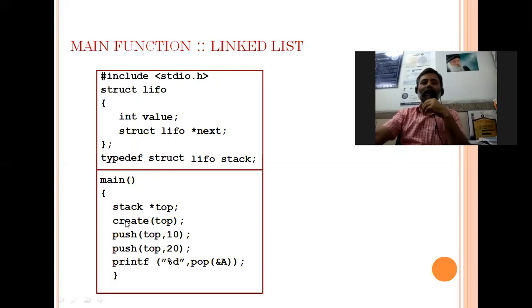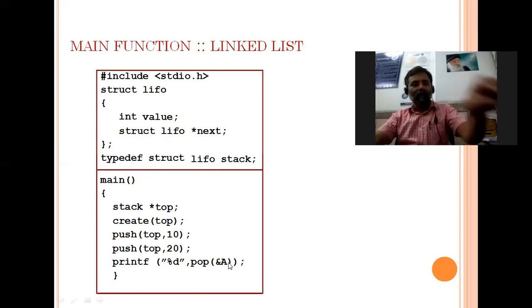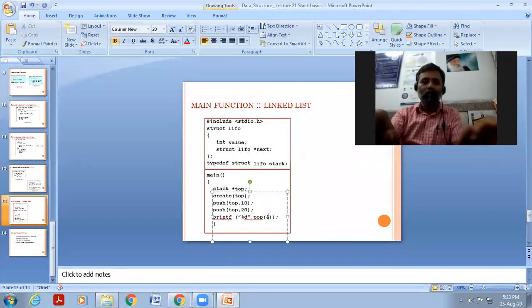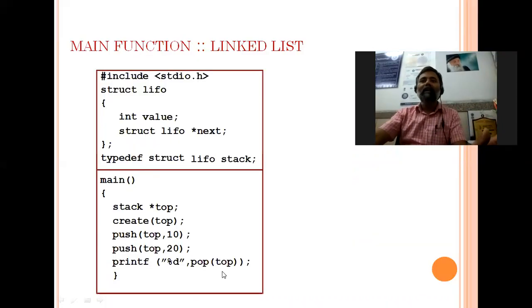We can call this create function, the push operation again, and we can print also, and use this pop operation to delete. So this is the way we can, sorry, here it should be top. So in this way we can print and we can push or delete.